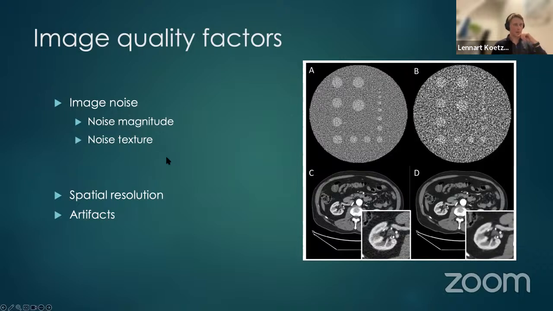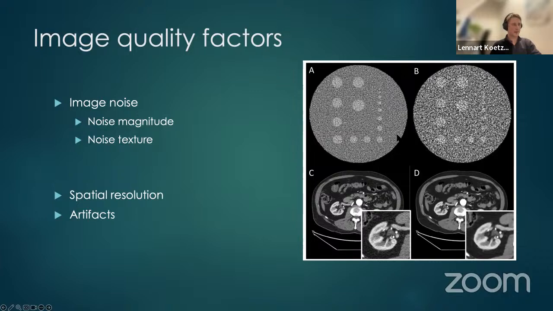And this we can see here in image A and B. Both images have the same noise magnitude, so the same standard deviation. However, as you can see, the circles, especially the smaller circles, are much more difficult to detect in image B. And this is caused by the low frequency noise that is present in this image.